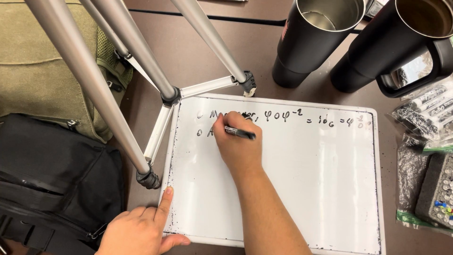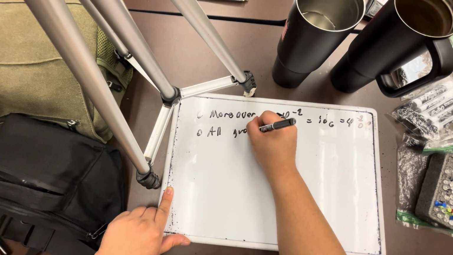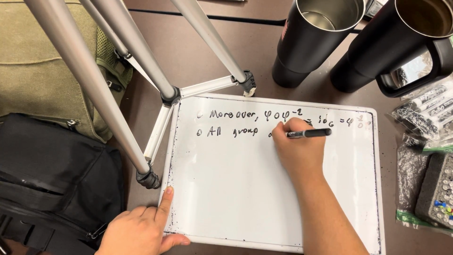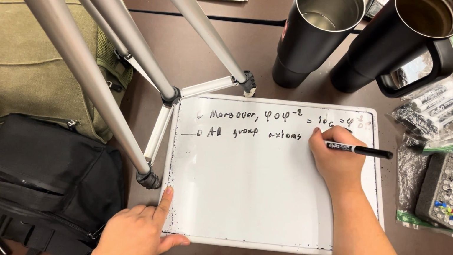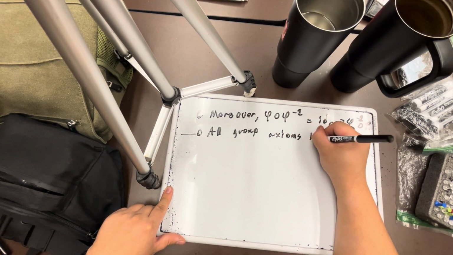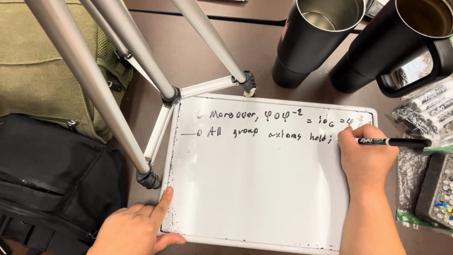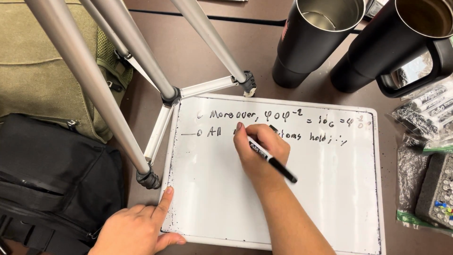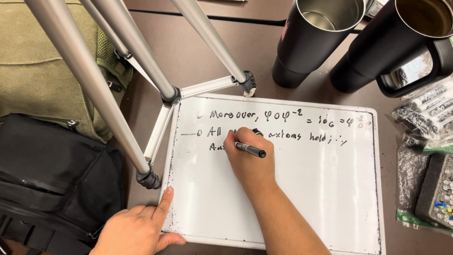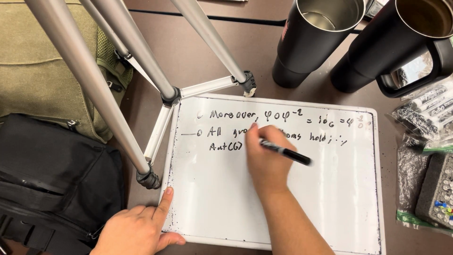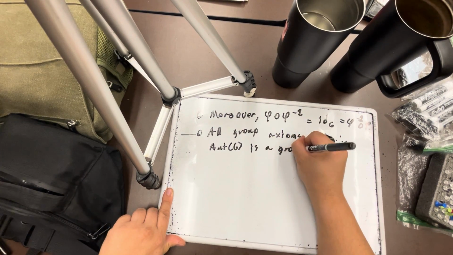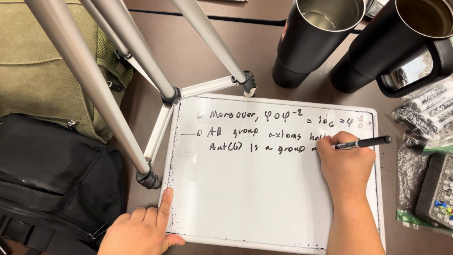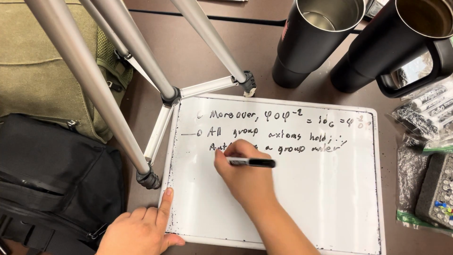All group axioms hold. From earlier, with the inclusion of stuff that we did earlier, all group axioms hold. Therefore, Aut(G) is a group under composition.